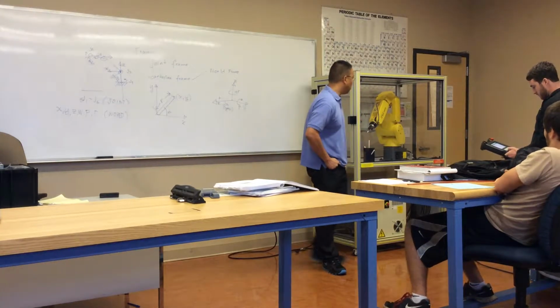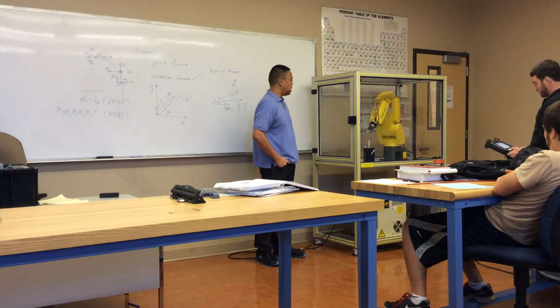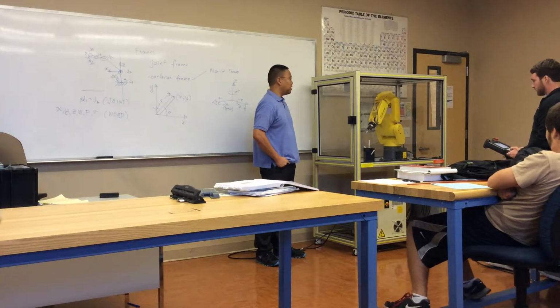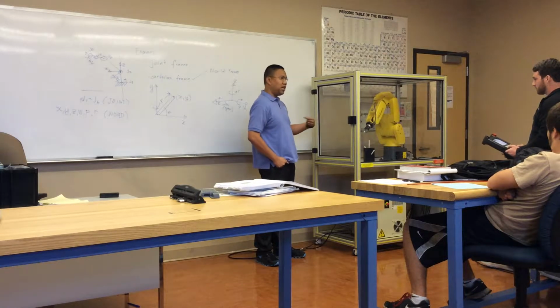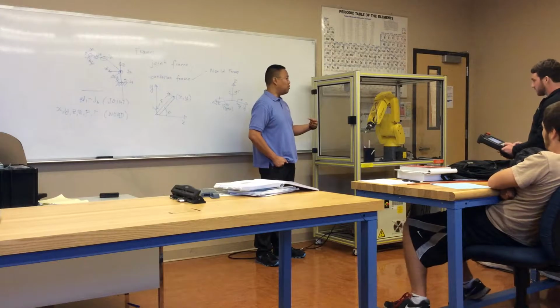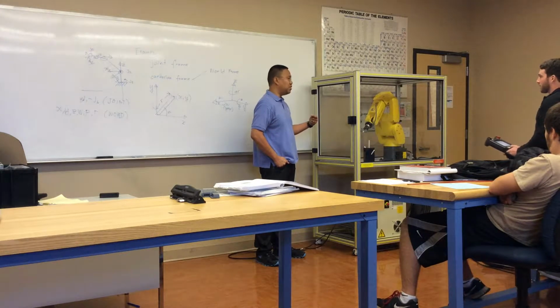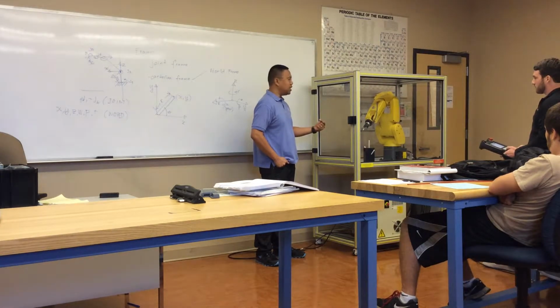Just move X and Y first so that we'll see. Positive X. Can you increase the speed? Positive X. So that's positive X. Positive Y. That's negative Y. And positive Z. So where is X again?